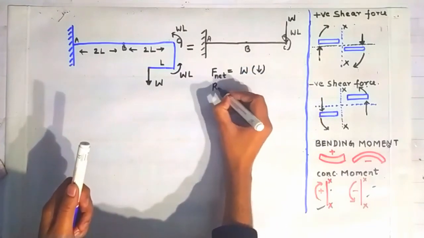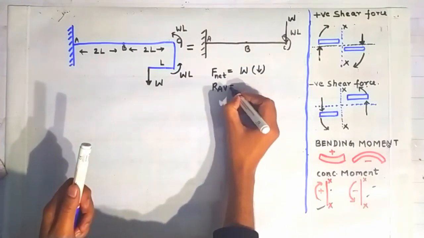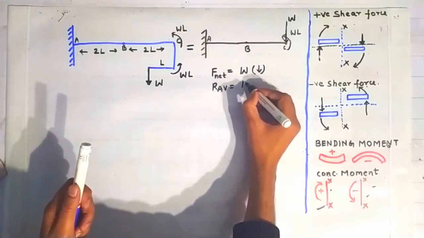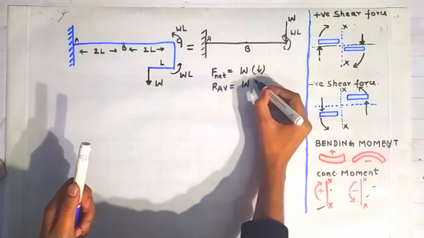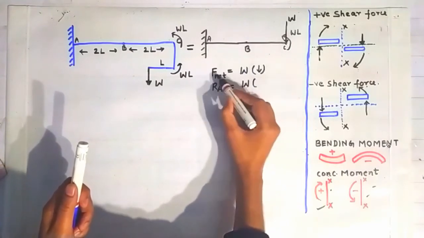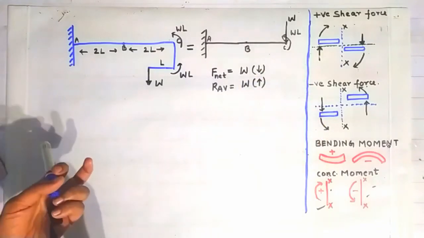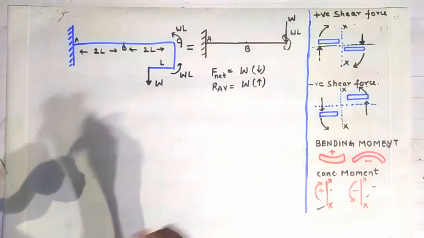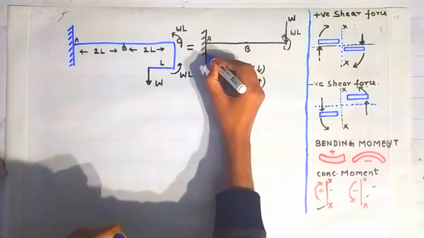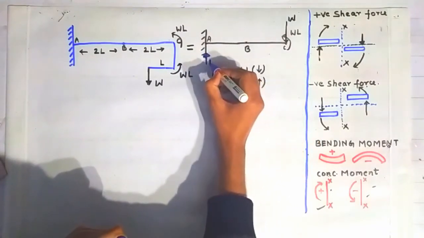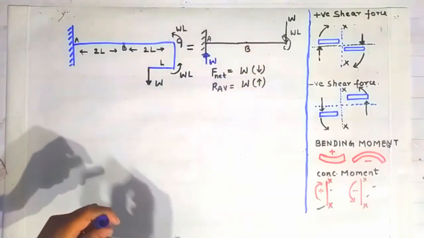So the reaction at A in vertical direction will be equal to this net vertical force, and it is equal to W, and its direction will be opposite to the net force, so it will act vertically upward. So the vertical reaction can be shown here like this. This is the vertical reaction RA having magnitude W at the point A.